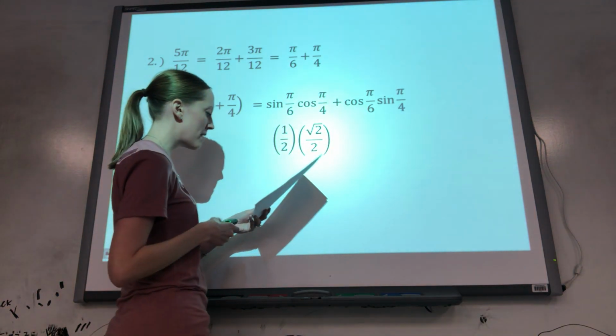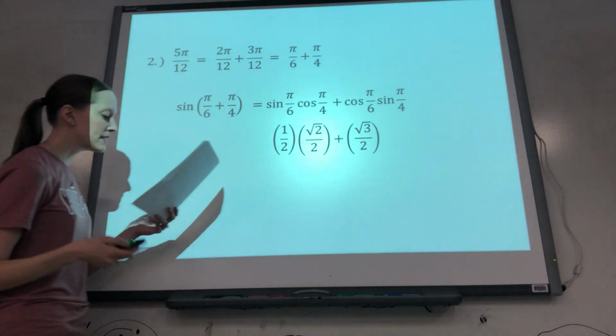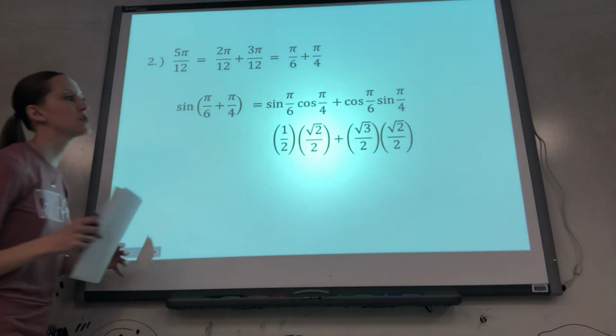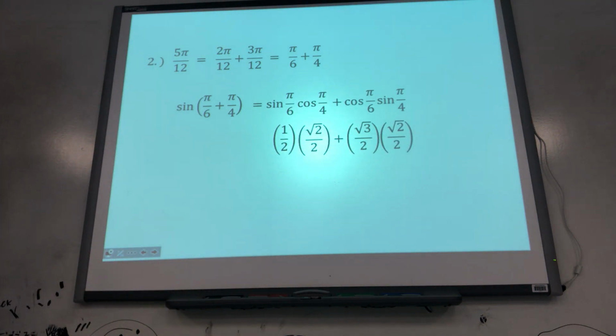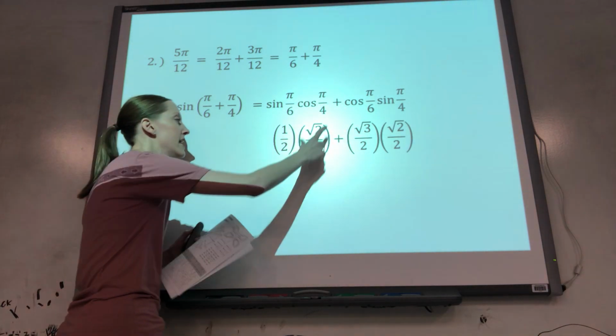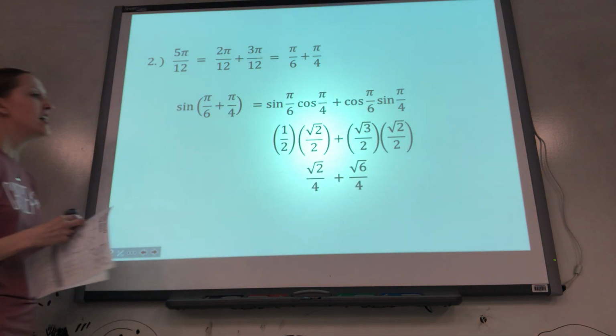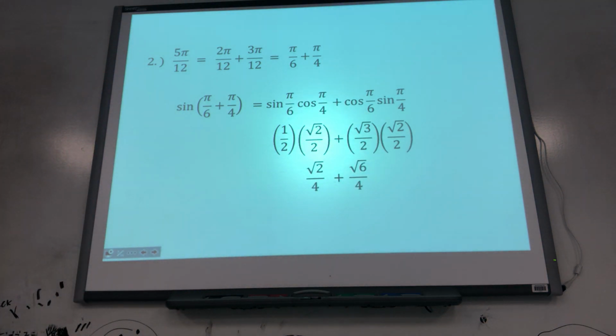Plus cosine of pi over 6, which is radical 3 over 2, times sine of pi over 4, which is radical 2 over 2. We need to multiply and simplify. This is radical 2 over 4 plus radical 6 over 4. And putting those together, it will be radical 2 plus radical 6 all over 4.